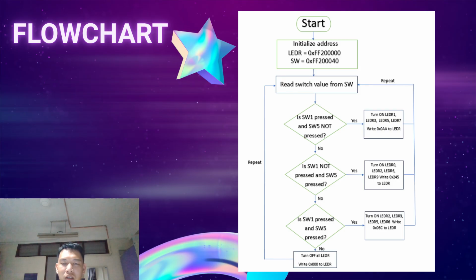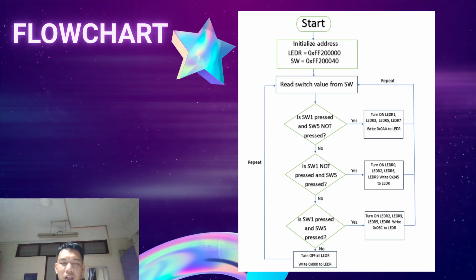The hexadecimal pattern 0x06C is written to the LEDR address. If none of these three conditions are true, the program enters the default state. In this state, all the LEDR outputs are turned off by writing 0x00 to the LEDR address.